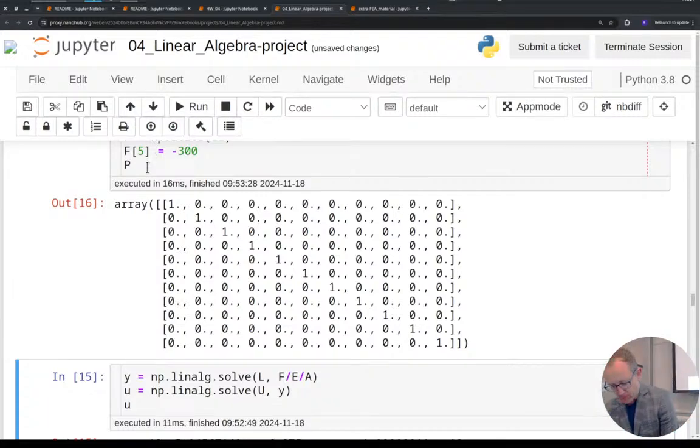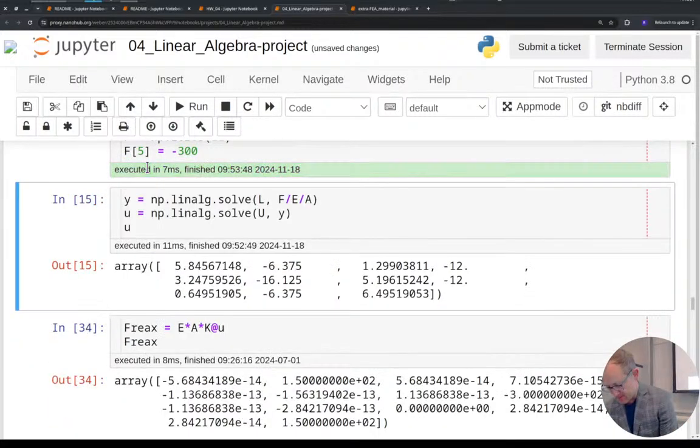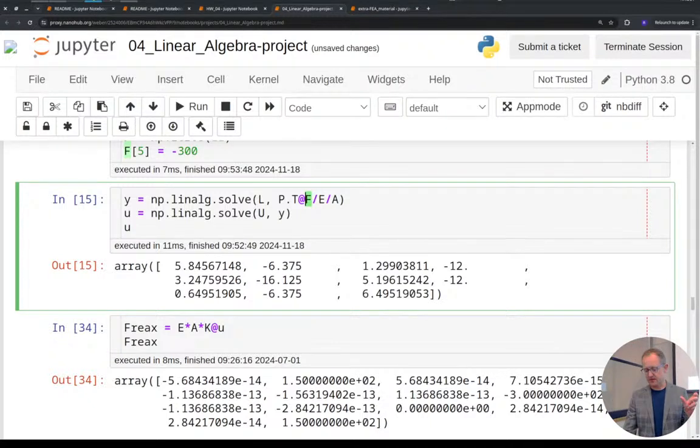But even if it wasn't, in this solving step, I could say P transpose dot the applied forces, and first solve y, which is just an intermediate step where I'm doing forward substitution. Then u, this output little u, is the thing that I'm trying to solve for, all the unknown displacements.